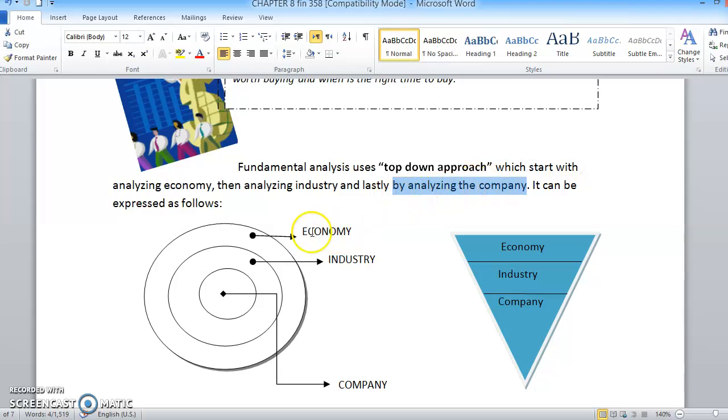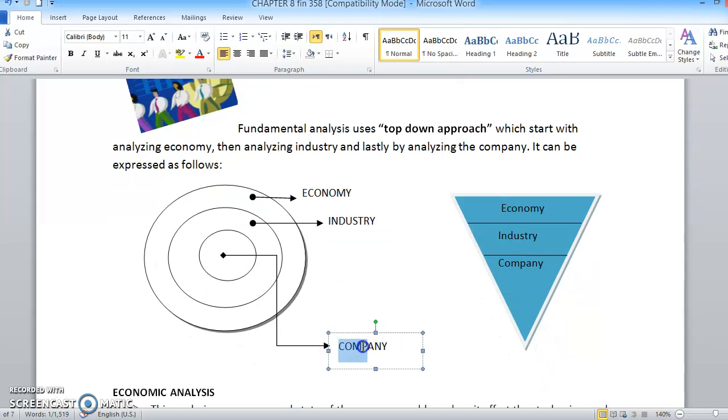First, they will analyze the economy. Second, they will analyze the industry. Third, they will finally analyze the company. If you want to draw it, you can draw it like this: economy, second is industry, and the third one is the company.